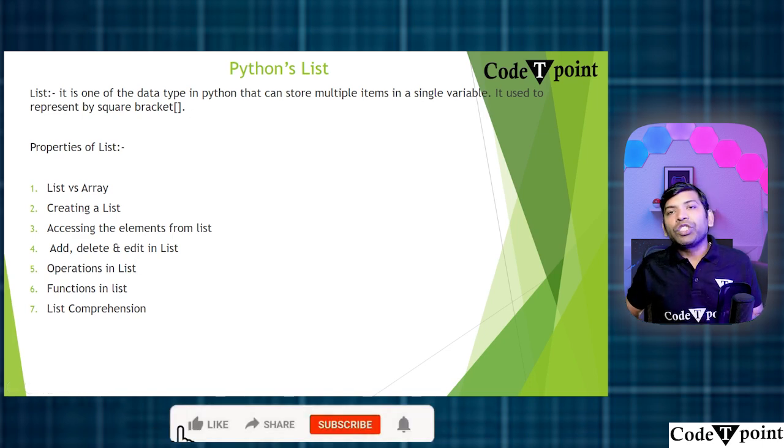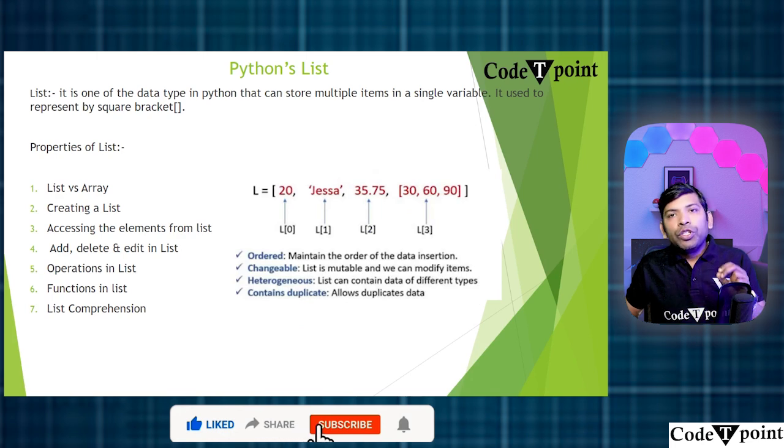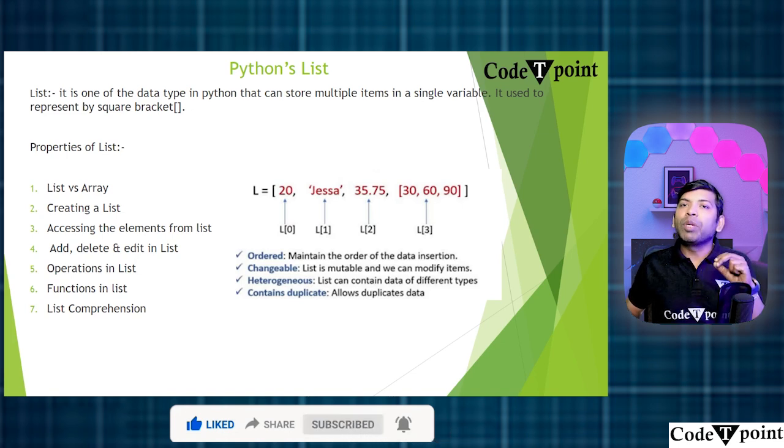So the first question is, what are the properties of the list? We can say that list is a mutable data object and it can contain heterogeneous elements. It means that we can make changes inside the list and we can store multiple data types inside the list.